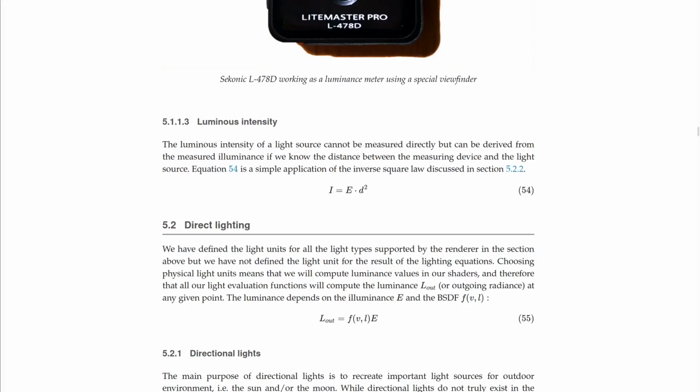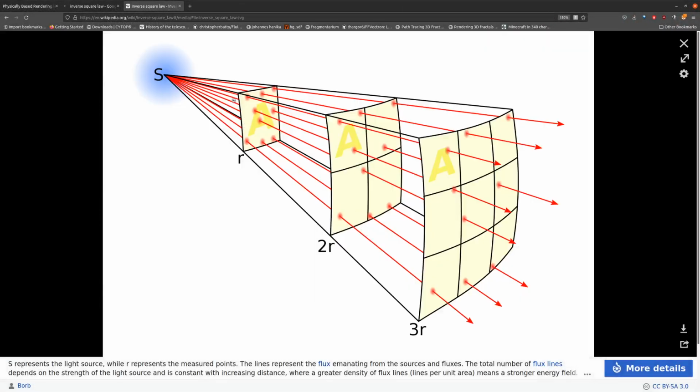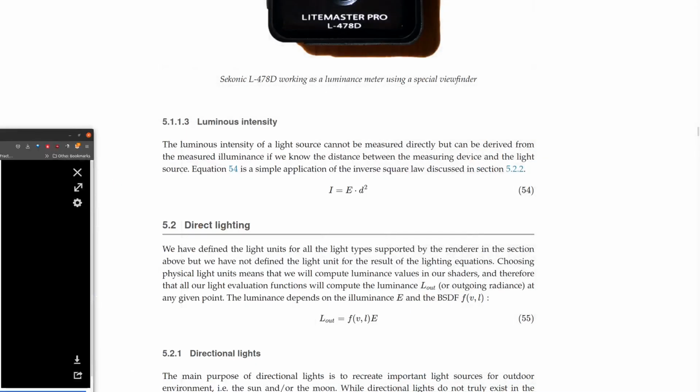If you've ever seen the idea of the inverse square law, it comes up a lot in things like signals. If you ever take any electrical engineering type of stuff, this kind of idea of your intensity per unit surface area goes down as you get farther away, because you're dealing with the surface area of a sphere as it gets farther and farther out.